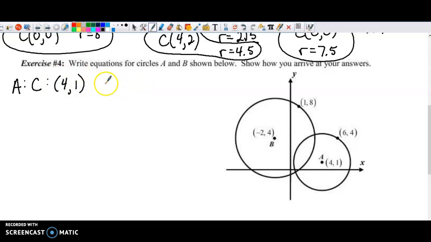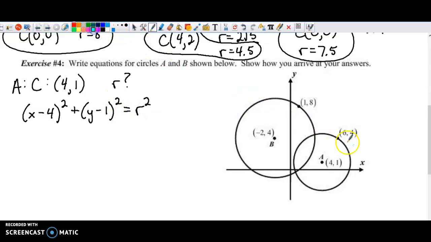We do not know r, question mark, but we do know that we could rewrite our equation like this: x minus 4 squared plus y minus 1 squared is equal to r squared. And we also know this ordered pair is on the circle, so that means I could replace this problem with 6 for x and 4 for y, and leaving everything else alone, I can actually figure out what r squared is equal to.